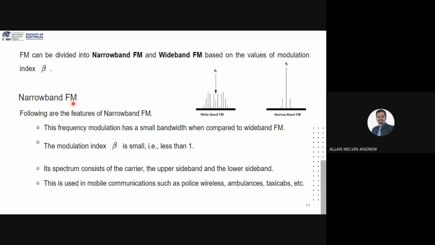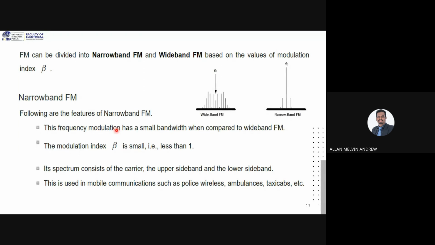Narrow band frequency modulation, some of the features. This frequency modulation has small bandwidth when compared with wideband FM. Bandwidth means maximum frequency minus minimum frequency, which we already covered in chapter 2.